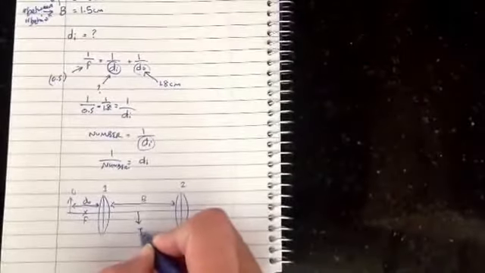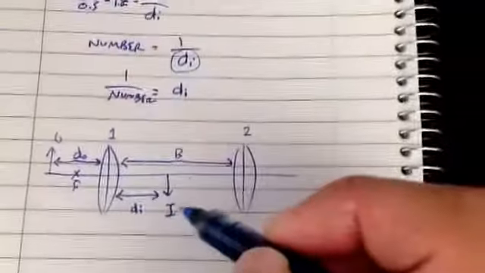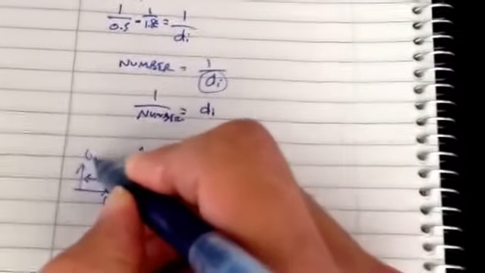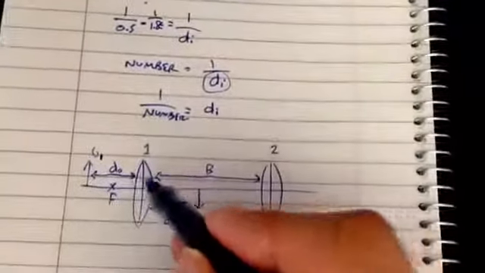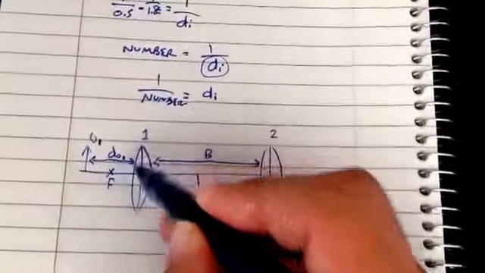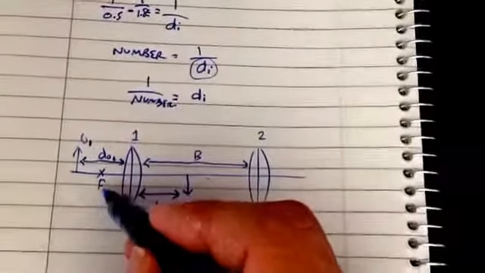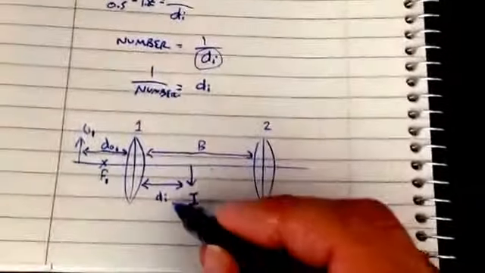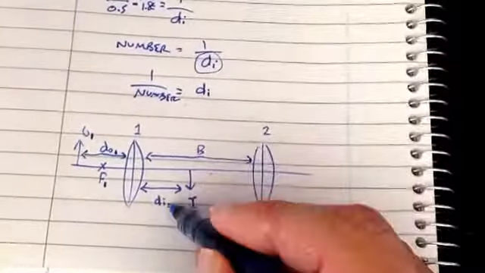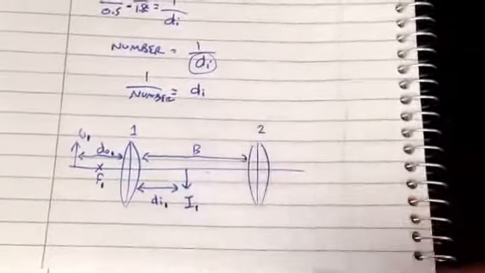We'll say the image, for example, is here, and that is DI, the distance to that image. So far we've only dealt with one lens here. So what I want to do is label everything from the first lens with the number 1, just so we don't get confused in a minute. That's the object of lens 1, that's the distance of the object from lens 1, that's the focal length of lens 1, that's the distance of the image from lens 1, and that is the image from lens 1.